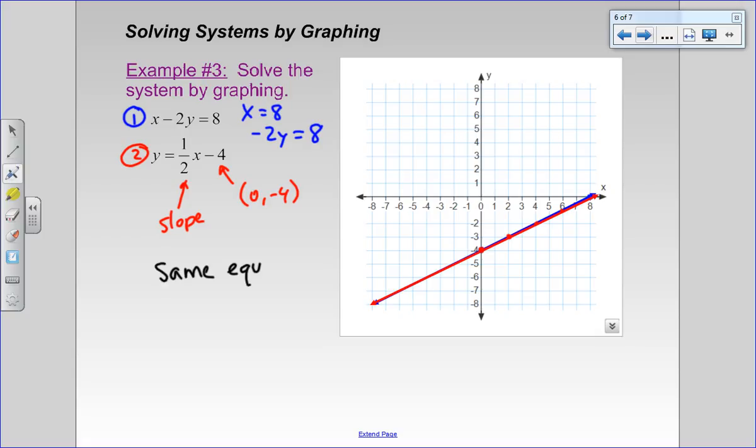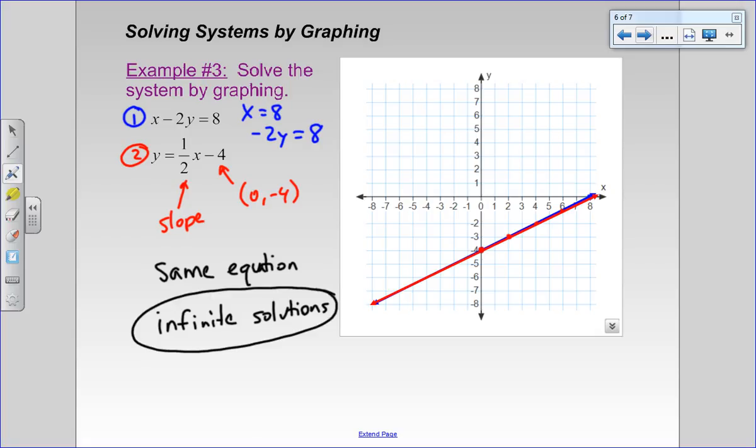When the two equations in our system are actually the same equation and produce the same line, then we know that our system has an infinite number of solutions. This is because there's an infinite number of points that lie on both of these two lines. So there's an infinite number of ordered pairs that would make both equations true at the same time.